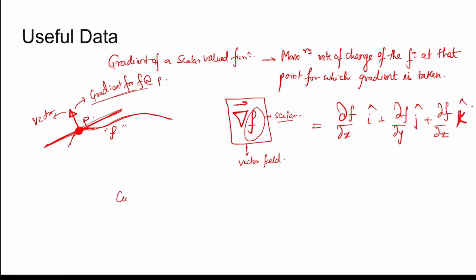Now if you see, curl gives the rotational tendency of a vector field.